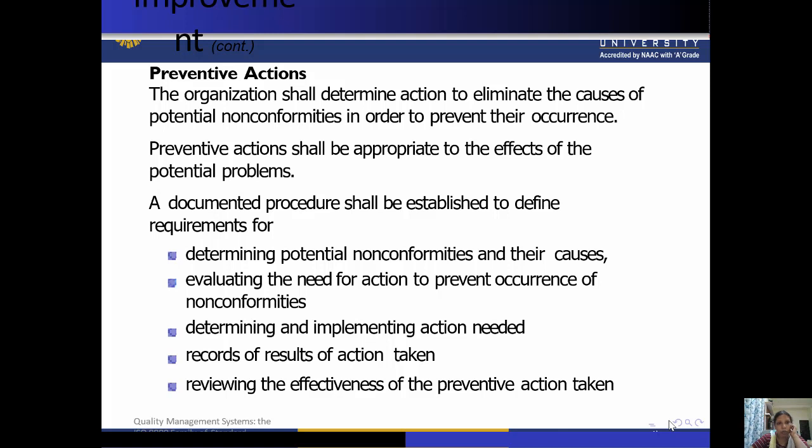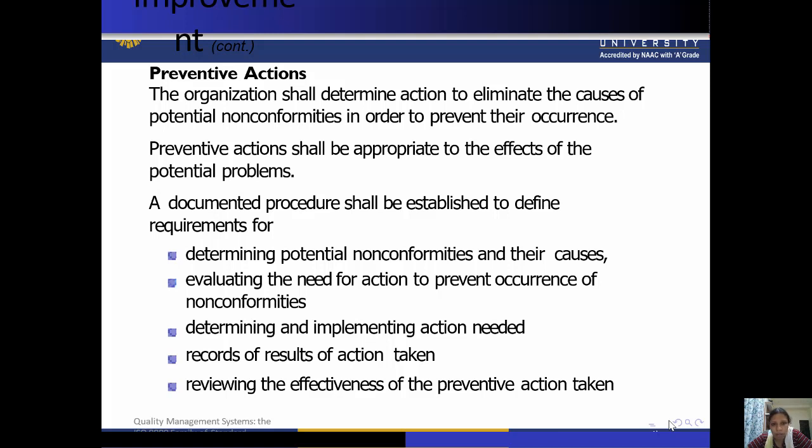Improvement. Preventive action. The organization shall determine action to eliminate the causes of potential non-conformities in order to prevent their occurrence. Preventive actions shall be appropriate to the effects of the potential problems.